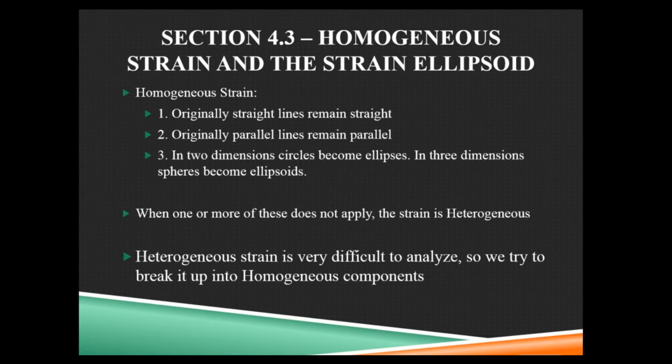So maybe there was some homogeneous strain due to stress in one direction, then the stress field changed and there was homogeneous strain occurring in a different orientation due to the new stress field, and as a whole the strain that happened was heterogeneous. But if we break it into 2 separate events, we can see 2 homogeneous strain events, and those can be analyzed nicely and easily, relatively easily.